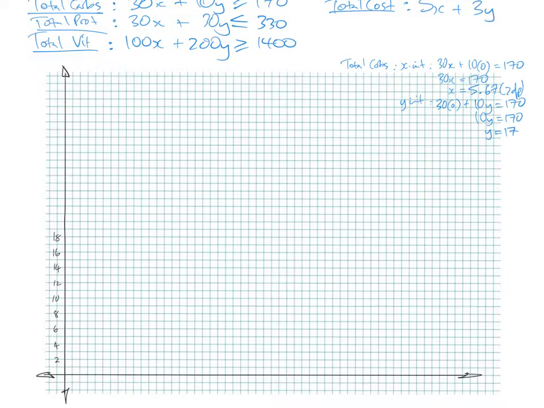At 17, y is equal to 17, and at x is equal to 5.67. So 2, 4, 6, 5 and 2/3, so around there. So our first constraint is set up.